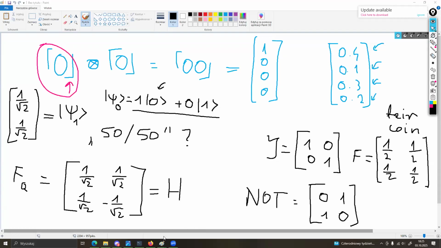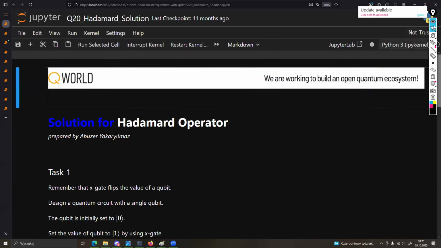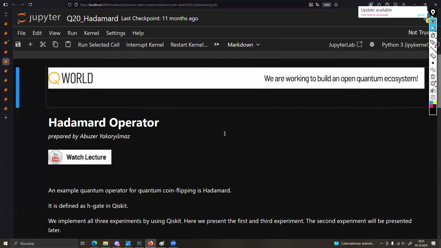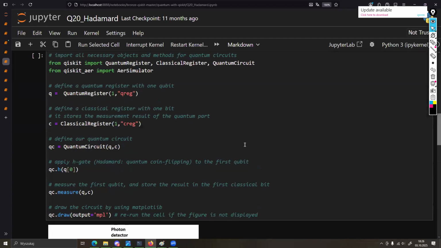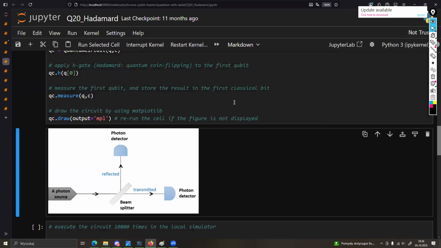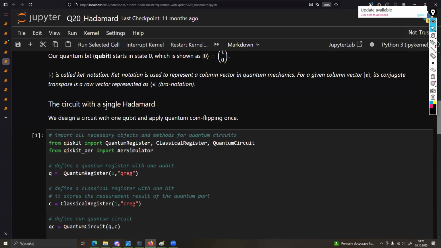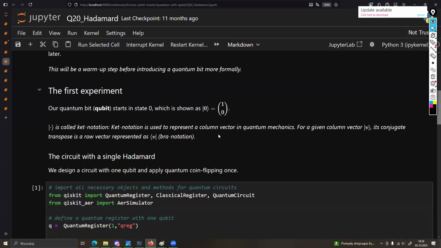And we can explore it in one of the, actually, let me clear everything. We can explore it in our Q20 Jupyter notebook by running one of the first cells that is available in this notebook.